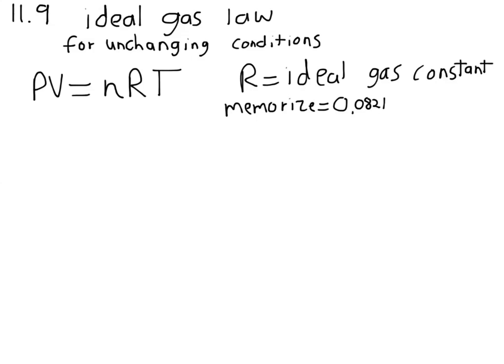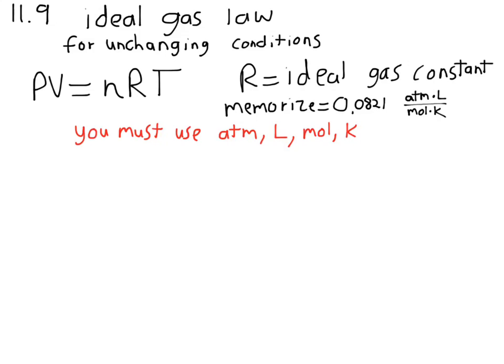So the units of R, I told students, is what you put on your cereal in the morning, which is animal milk: atom, ol, molk. So atmospheres, liters, moles, Kelvin are the units of R. Because R has those units, you must always use atmospheres, liters, moles, and Kelvin when you use the ideal gas law.